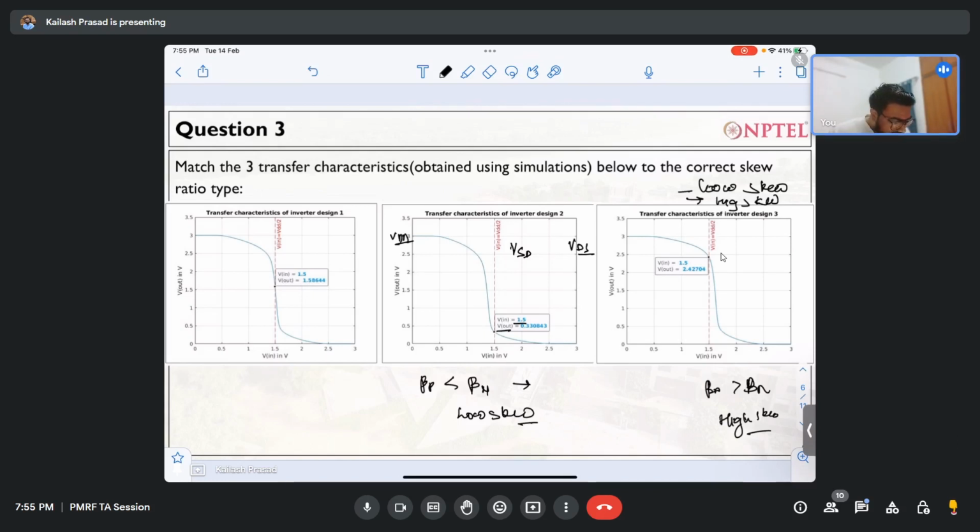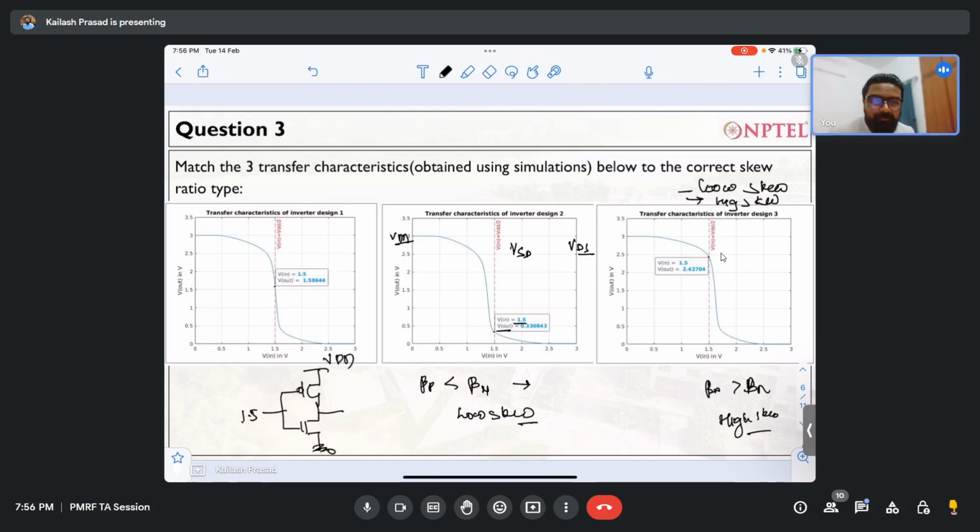So if I have designed an inverter and I provide 1.5 input, which is VDD by 2, here it is VDD, here it is ground.